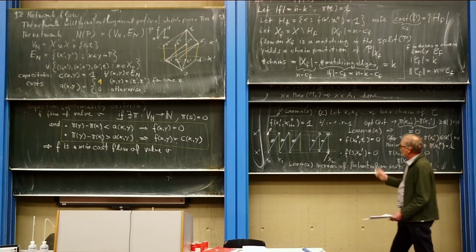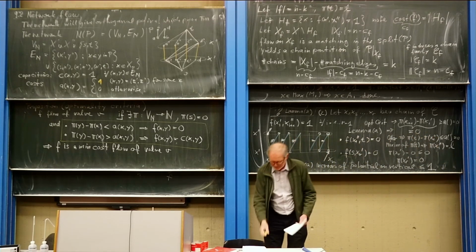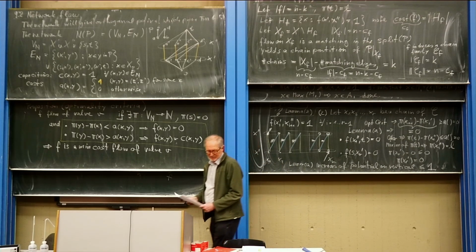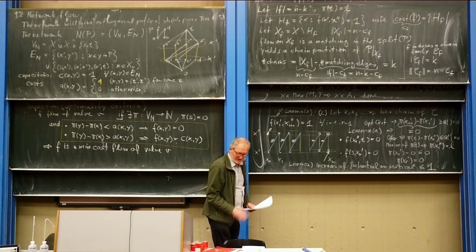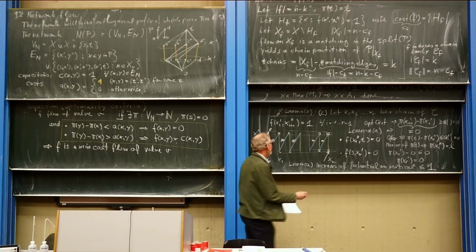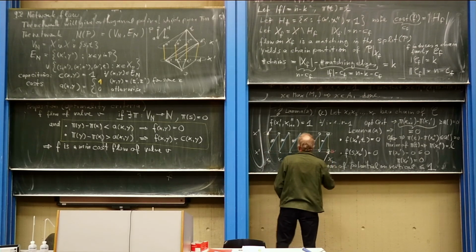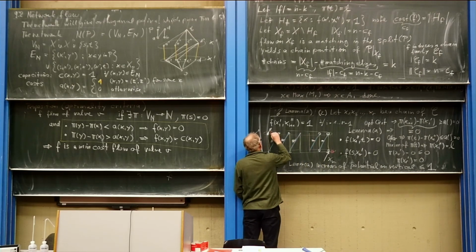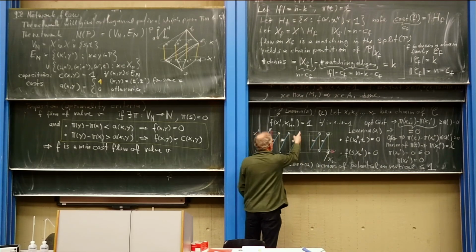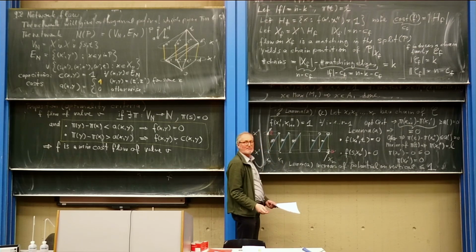Yeah. So now let's look at the potentials. We start with the 0 potential here. We end with the L potential here. And on the blue guys, the potential is the same.